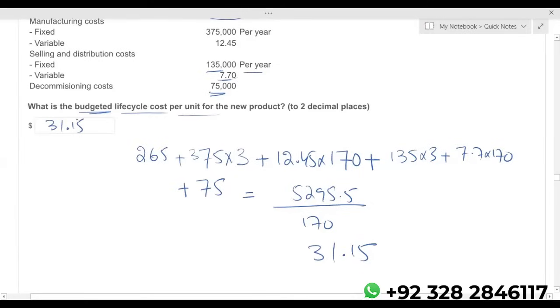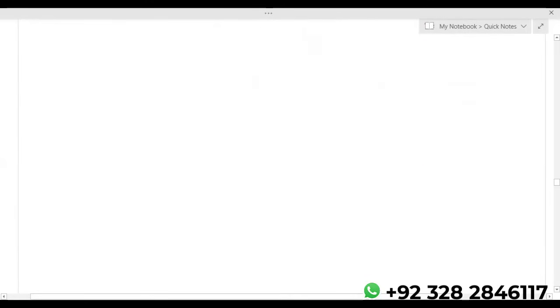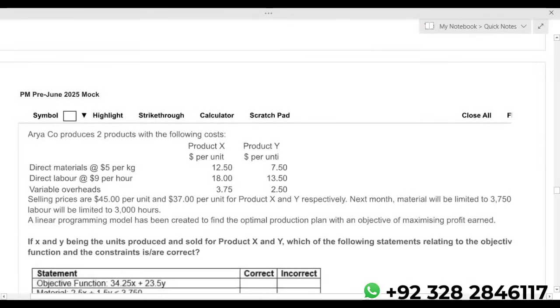All you need is to calculate the entire cost over 3 years and divide by 170.